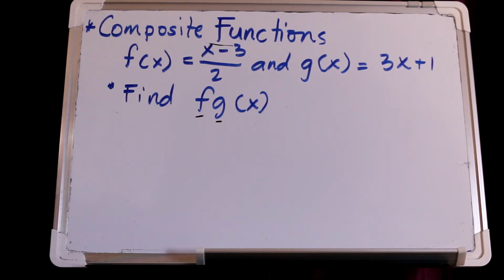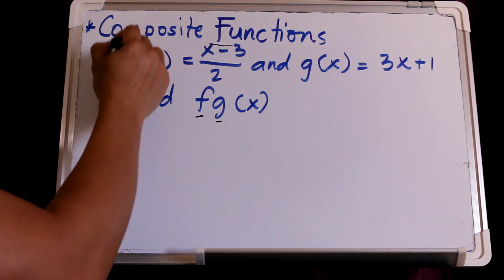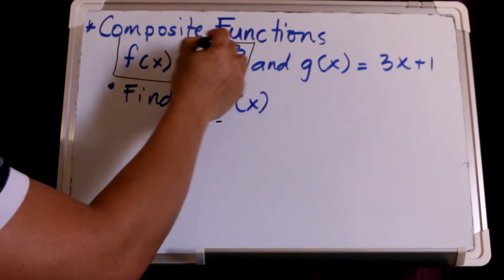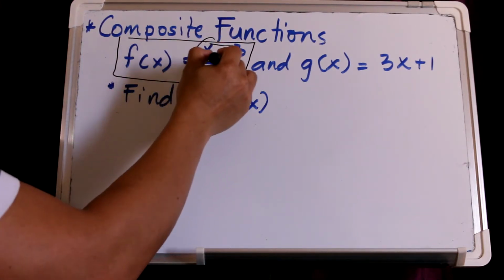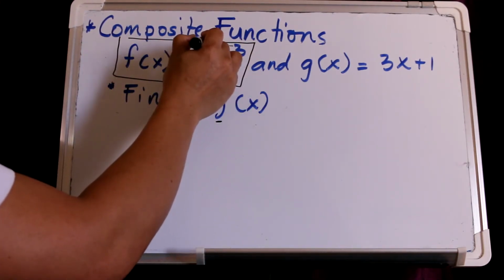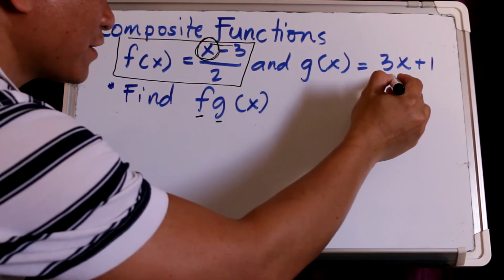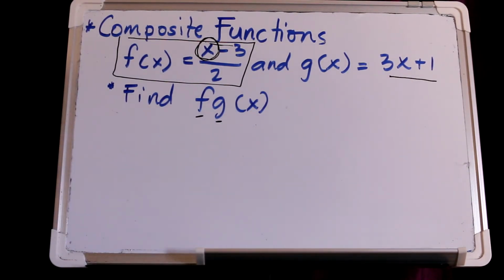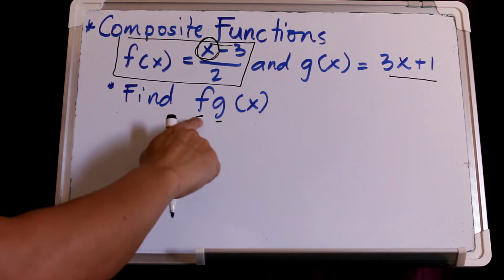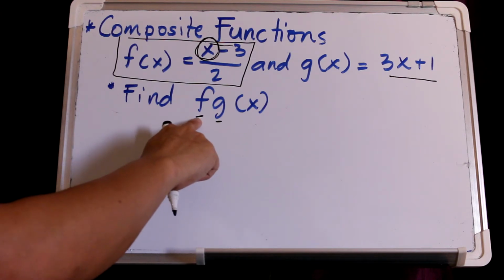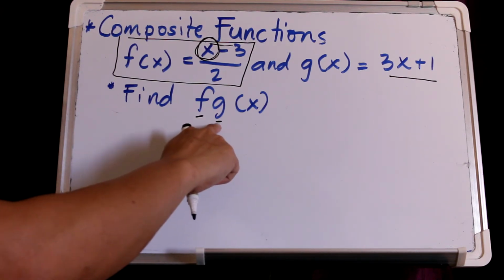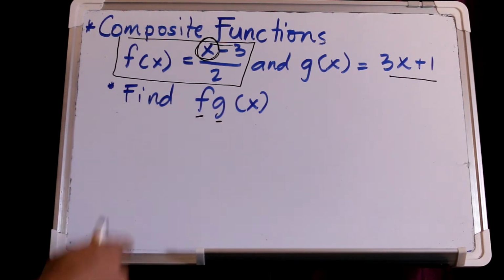What it means is that we are going to use f as our base, and the x here will be this function. So the f function will be having an input of the g function.